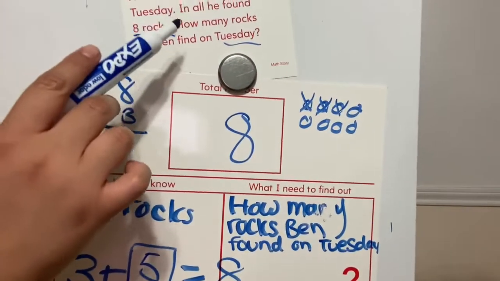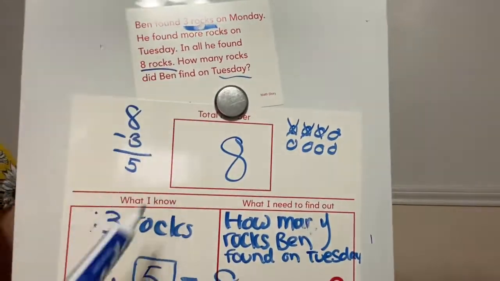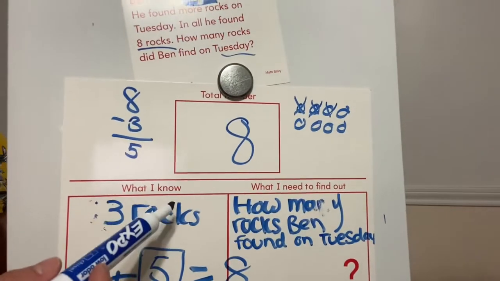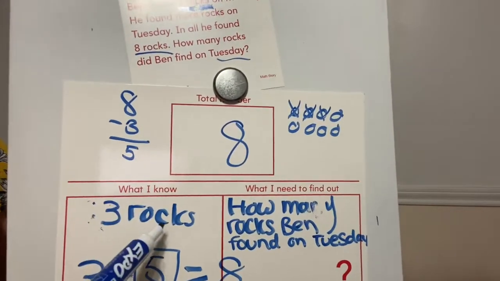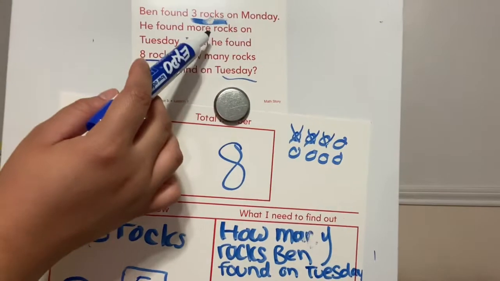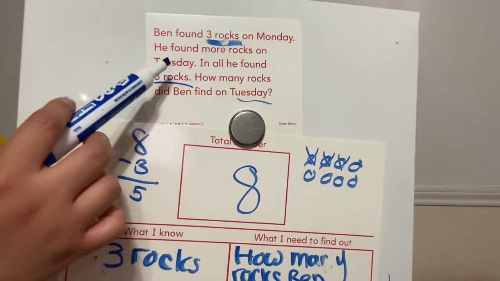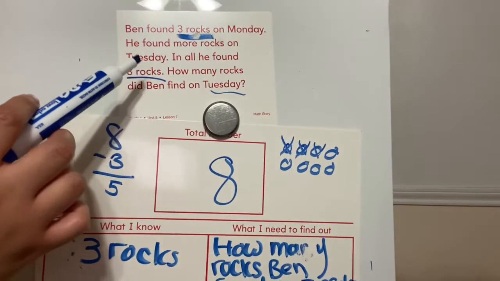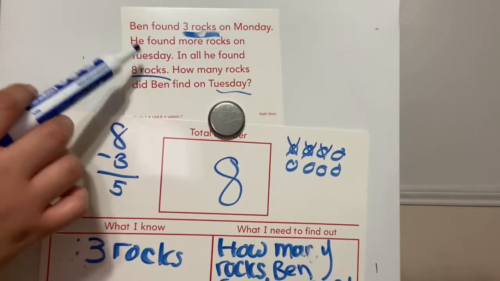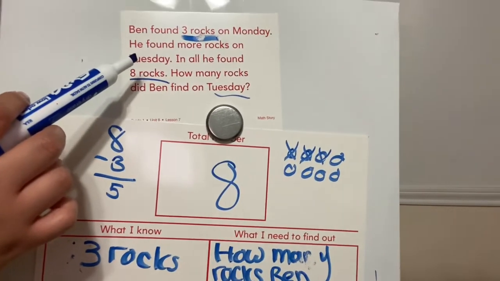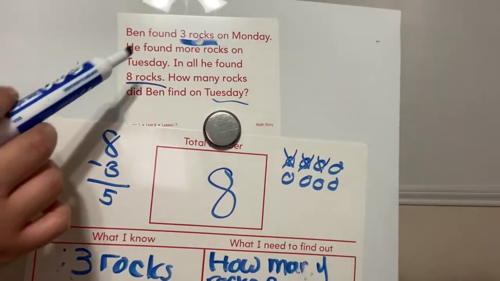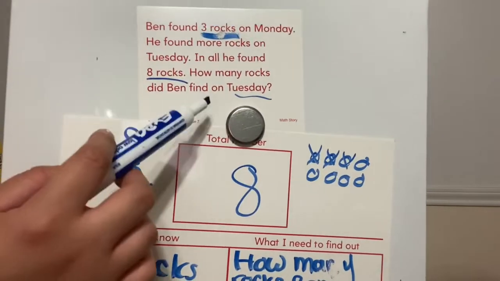Let's review that again. First, Ben found 3 rocks. So on the what I know box, I wrote 3 rocks. Then he found more rocks on Tuesday, but we don't know how many he found on Tuesday because the word problem does not tell us that information. Now let's keep reading. In all, he found 8 rocks.